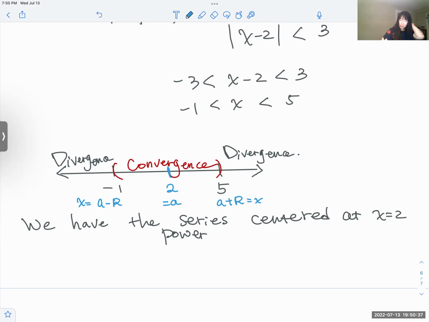We know the interval of convergence is -1 to 5, but we can still check that, right?